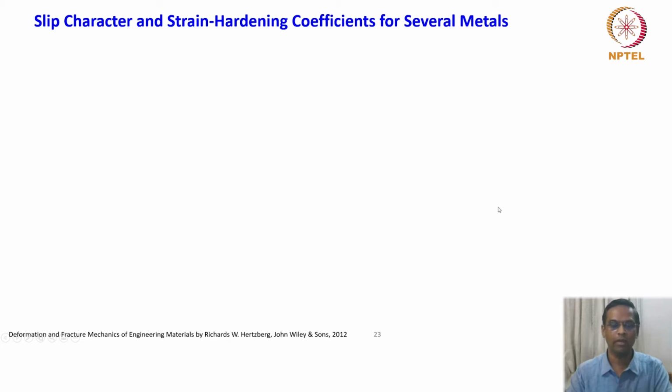Let us continue our discussion on the tensile test, and we are looking at the results of a typical tensile test and the interpretation of the results, which is a basic outcome of a simple tensile test. In the last class, we looked at the engineering stress strain curve and various parameters one can derive from that outcome.